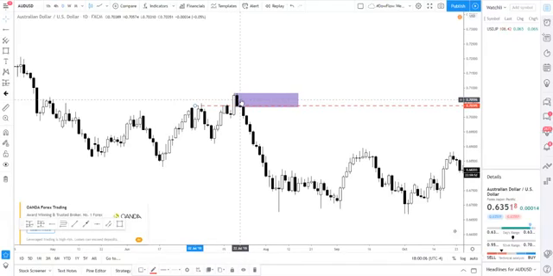So for the institutional players to make money, they must sell it at a price that you are willing to sell it at. So if you, as a retail trader, are buying this breakout, then technically you are selling Aussie dollar to the institutional traders. And that's how the institutional traders load up on their positions at the best price.